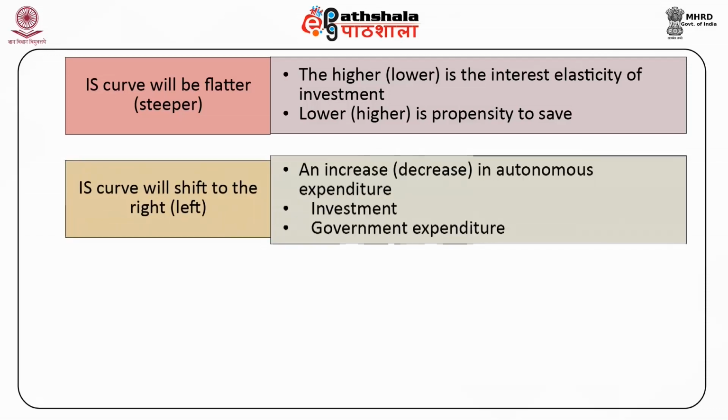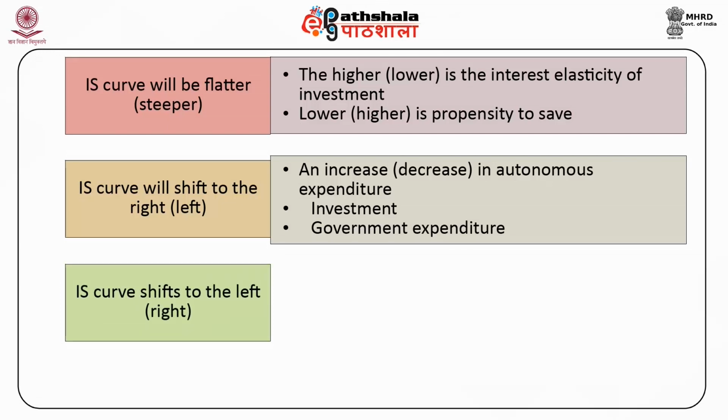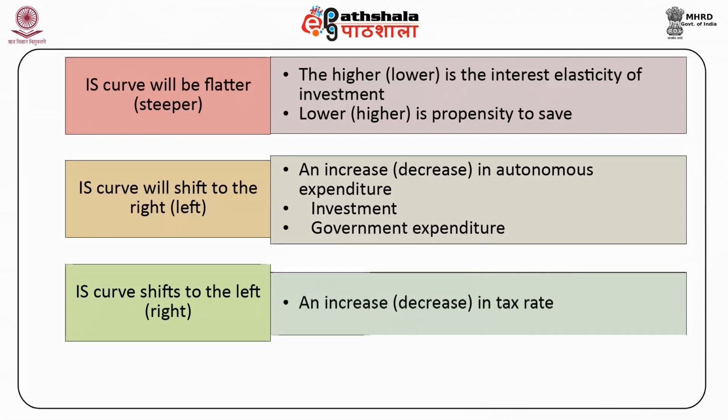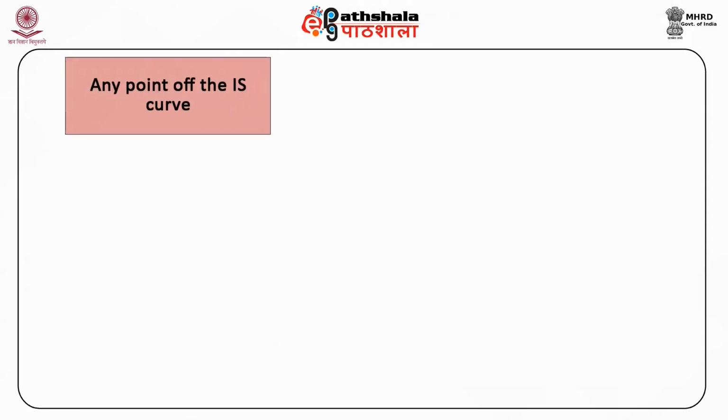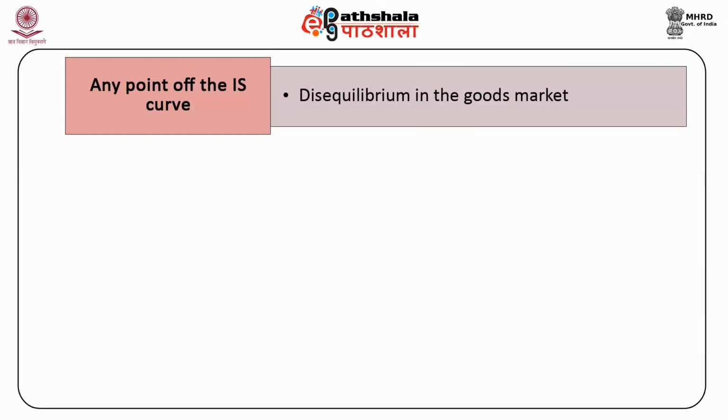The IS curve will shift to the right when there is an increase in autonomous expenditure such as investment or government expenditure. The IS curve shifts to the left as there is an increase in the tax rate. Any point off the IS curve indicates disequilibrium in the goods market.